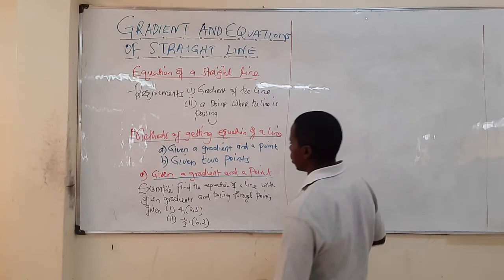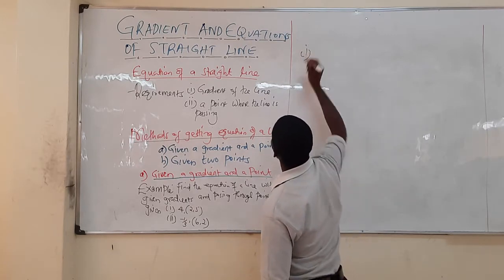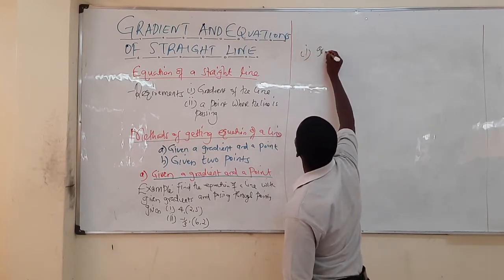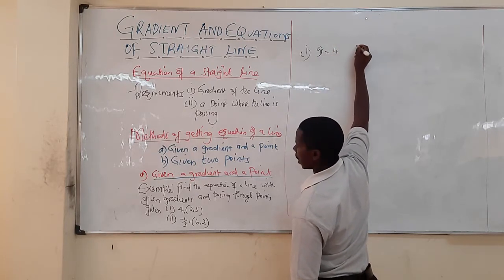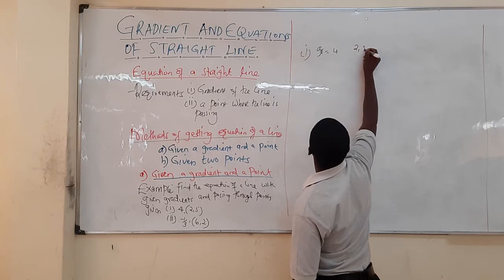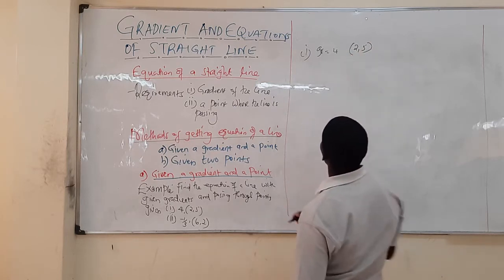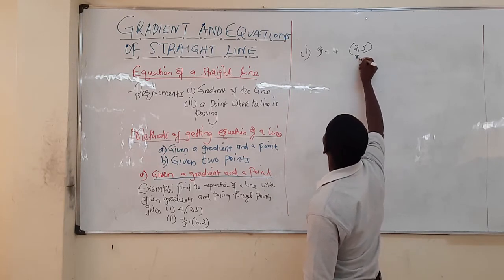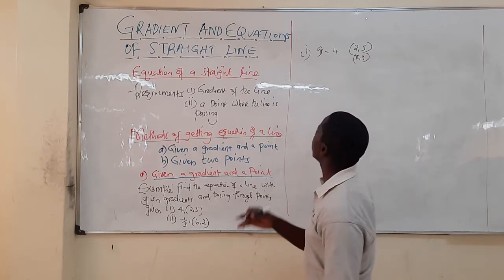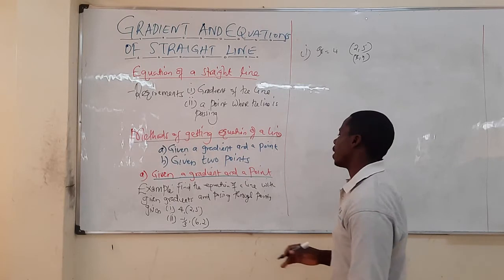So part 1, the gradient is given as 4 and the point the line is passing through is (2, 5). For us to get the equation, we take an arbitrary point (x, y) anywhere along the line.